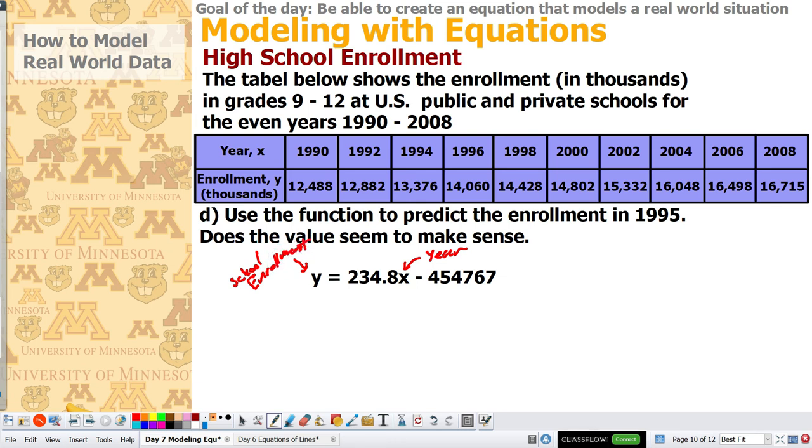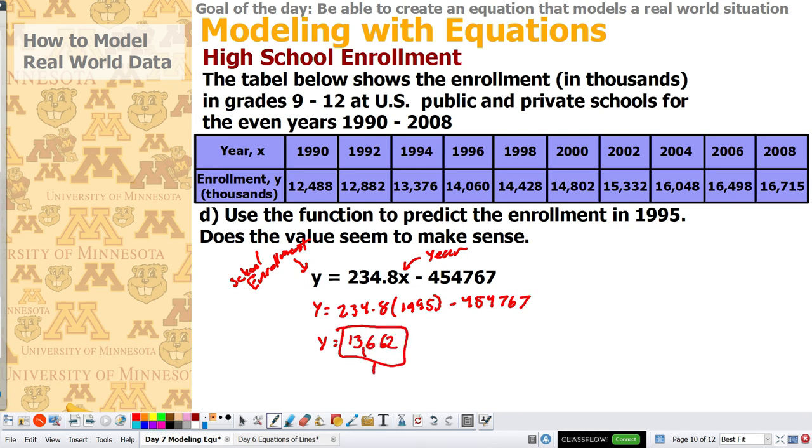So let's try 1995. So y equals 234.8 times 1995 minus 454,767. And then if I simplify all this, I get y equals 13,662.